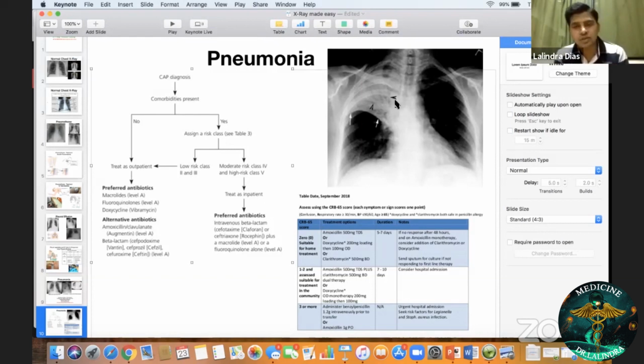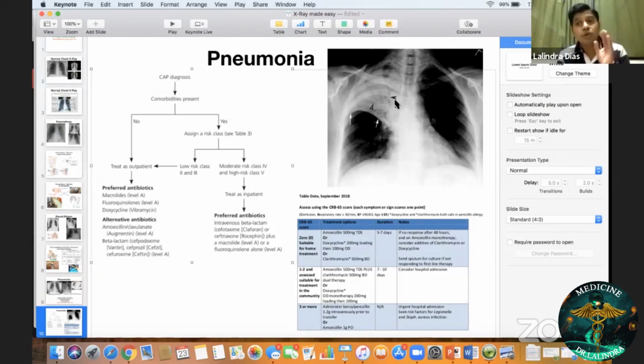That combination also could be given. These antibiotic regimes have been asked in the exam, single best answer paper, in the ERPM as well as in the final MBBS paper. Very mild community acquired pneumonia can even be treated as an outpatient with oral medications.